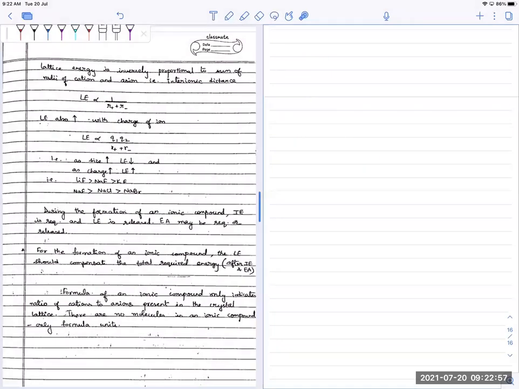In the case of aluminium, forming Al+3 is a huge requirement of energy. That value is compensated when you take it in the fluoride form. It cannot be compensated when you take it in the iodide form, because of the big size of iodine, so the lattice energy is very small. So this cannot compensate, whereas this is able to compensate. So aluminium iodide is covalent, whereas aluminium fluoride is ionic.